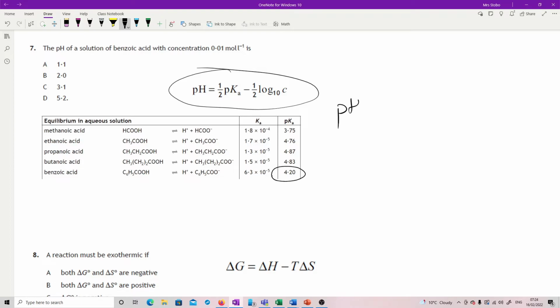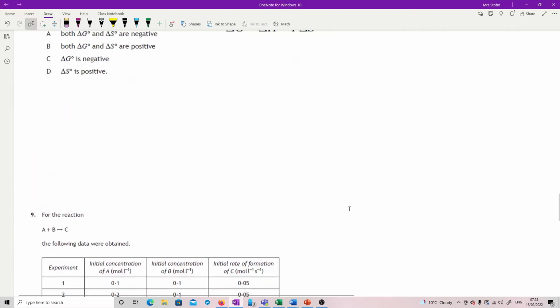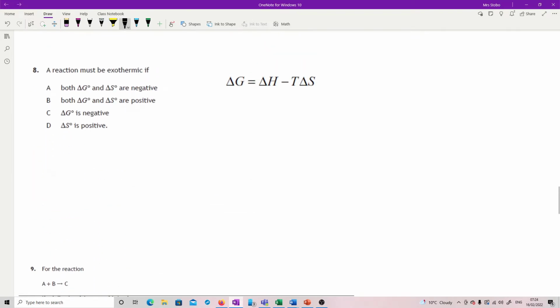So my pH, quite simply, and it is reasonably simple I think for a calculation, is a half times 4.2 minus a half log 0.01. Okay, calculate that out, 3.1.